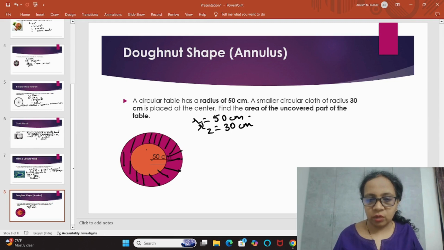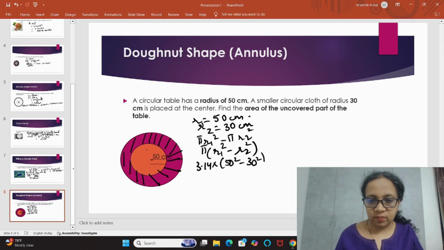The area of the table is pi r1 square, and area of the cloth is pi r2 square. So the difference is pi, you can take it as common, times r1 square minus r2 square. So you take pi as 3.14 again into 50 square minus 30 square.